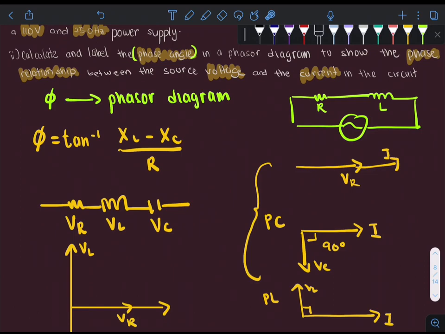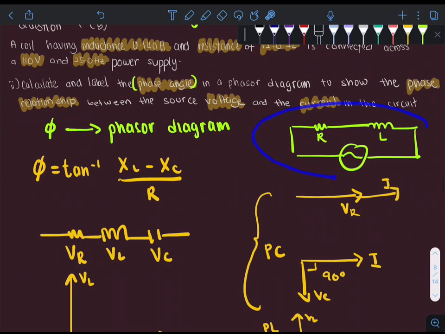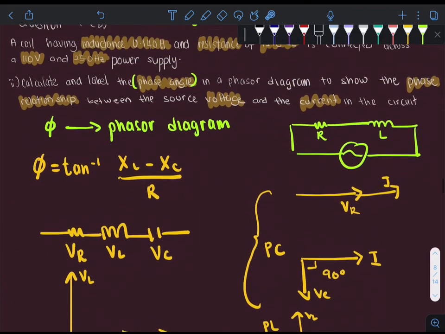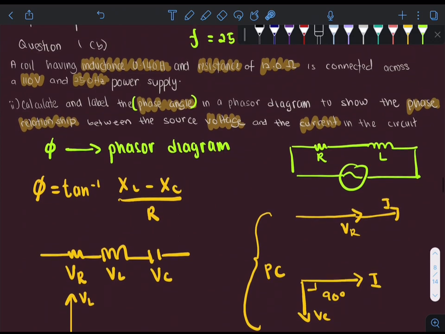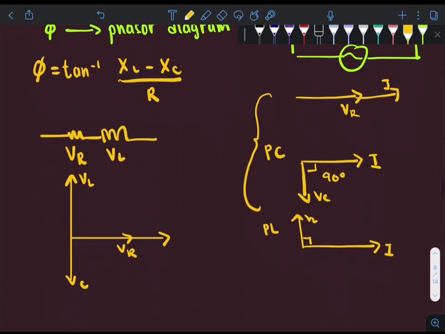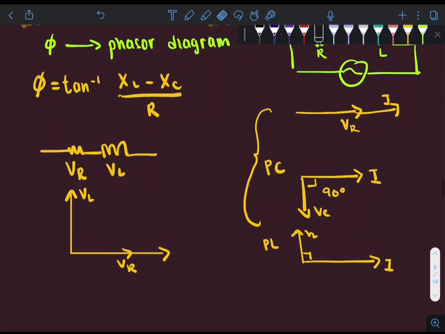To answer our question here, we are going to compare our question given here with the general combination circuit. For the general combination, we have resistor, inductor and capacitor, whereas in our question we only have an RL circuit. Therefore, we are going to eliminate all the terms of the capacitor in the circuit. So we are left with VR and also VL in our circuit. So we no longer have the term capacitor in the circuit.